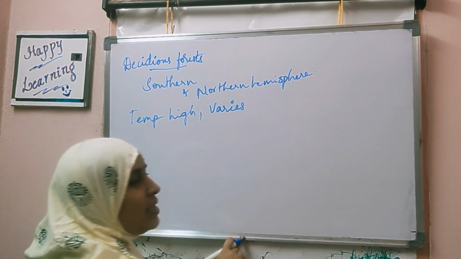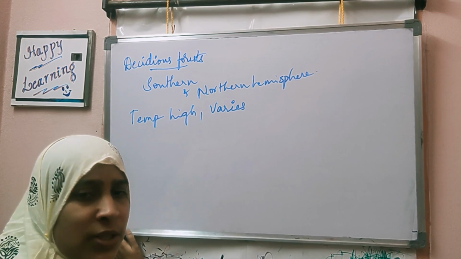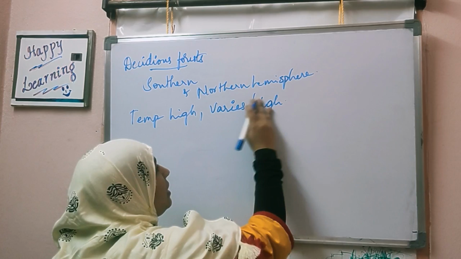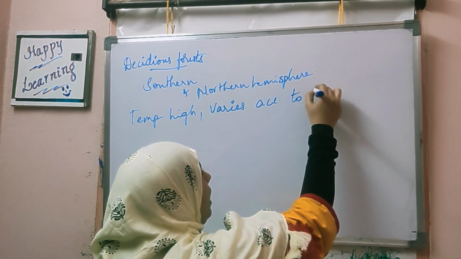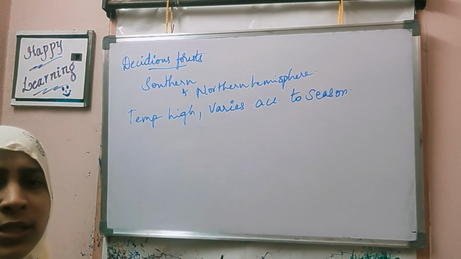In winter it is somewhat low, and in the rainy season it is somewhat low. Most of the time it is high, with a little variation according to the season.